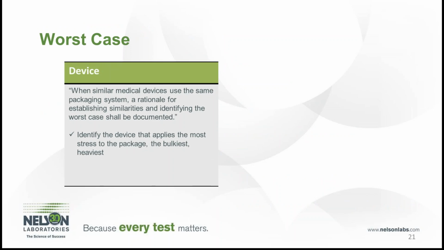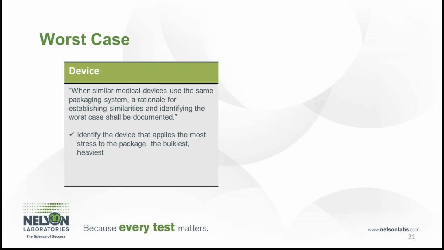Worst case. Throughout ISO 11607, both Part 1 and Part 2, worst case is mentioned several different times. Each time that it's mentioned, it's actually referring to different things. Two of the times worst case is mentioned, it is related to the device and the material.